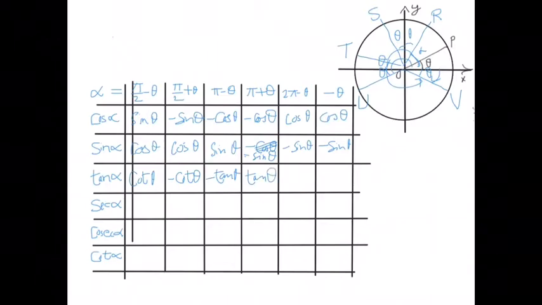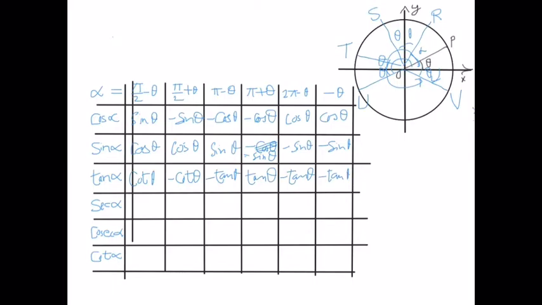And likewise, when alpha is equal to 2 pi minus theta, then tan alpha is equal to minus sin theta divided by plus cos theta, which is minus tan theta. And when alpha is minus theta, tan alpha is again minus tan theta.